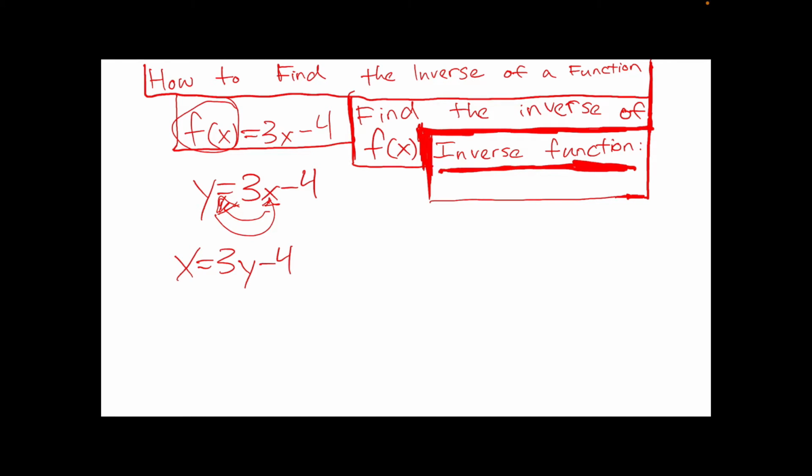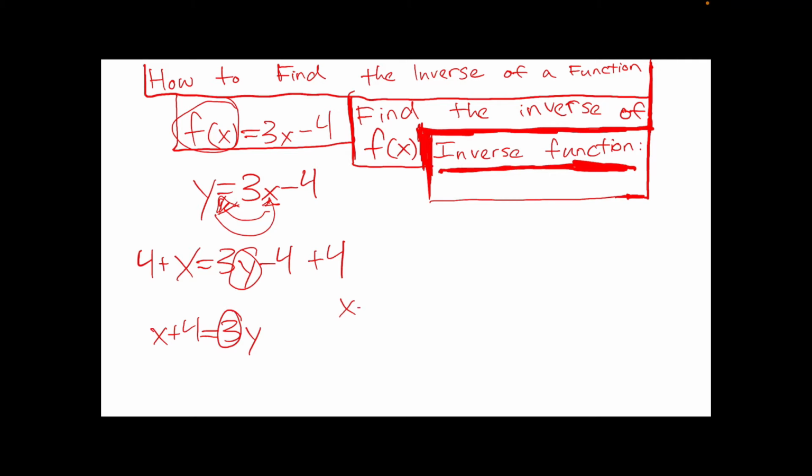Alright, so now we want to get y by itself. The first thing we can do is add 4 to both sides. So now we have x plus 4 equals 3 times y. Now, to get rid of this 3, we can divide both sides by 3.